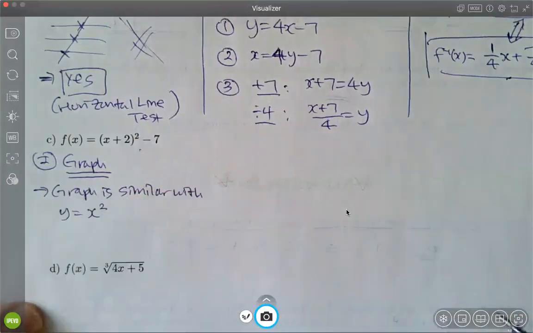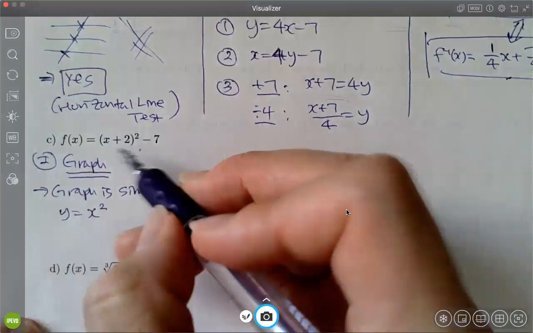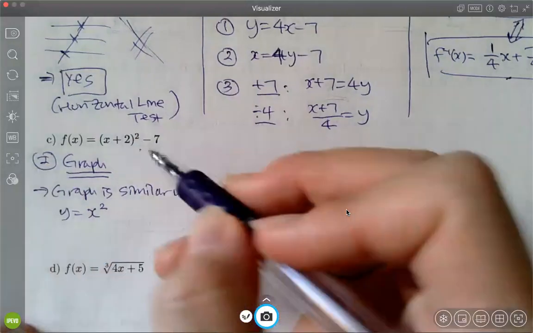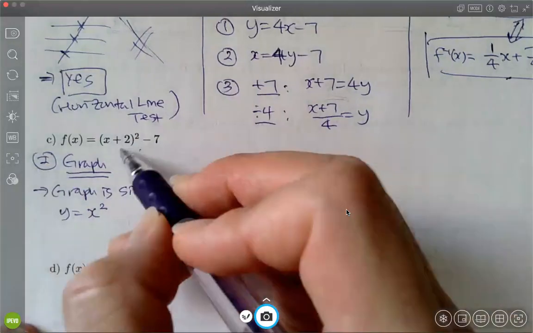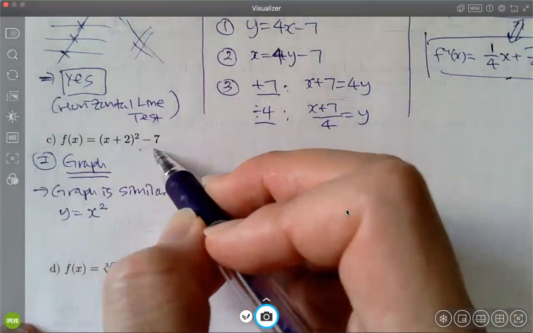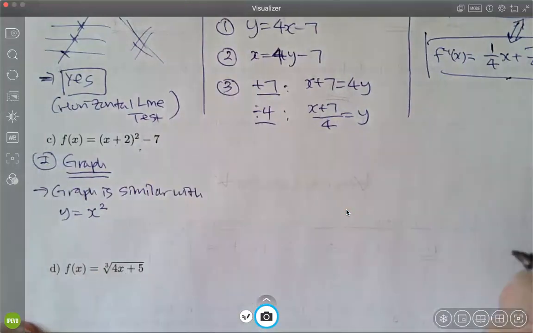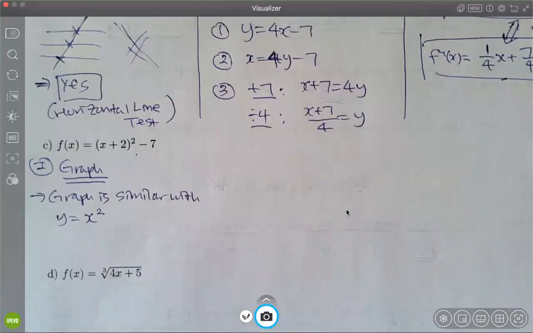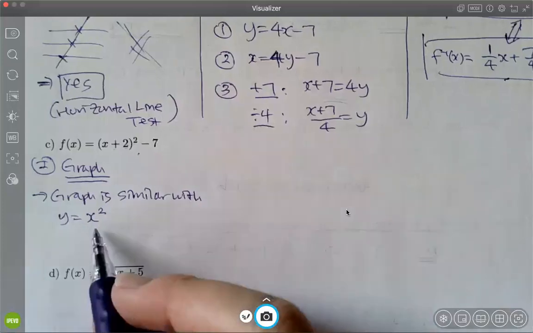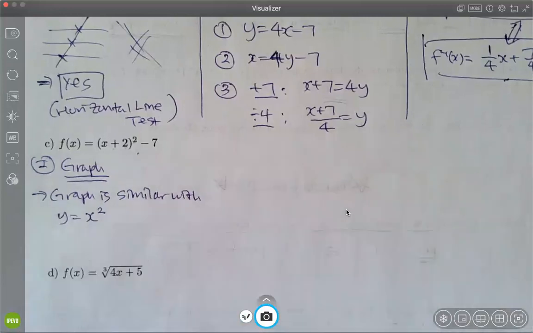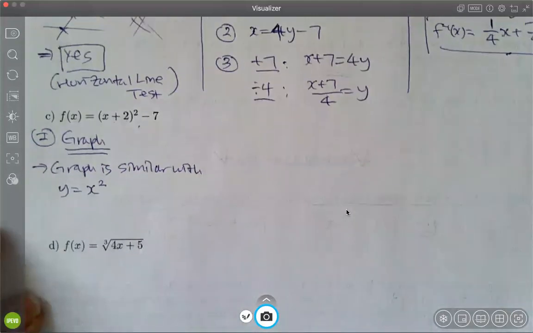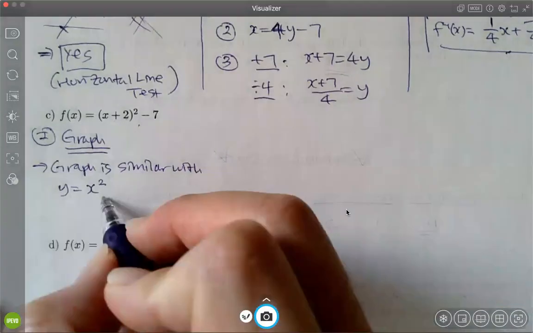Do you see why? Because all it does to this function is just add something to x and then subtract 7 in the back. The mother function, or the original function, was this one, and then you do something to it, which we don't know yet. We'll learn this once we go back to chapter 2. But have we seen the graph of x squared before?